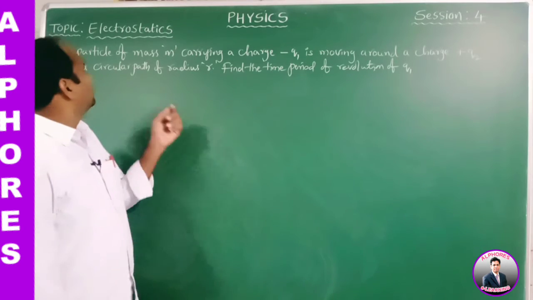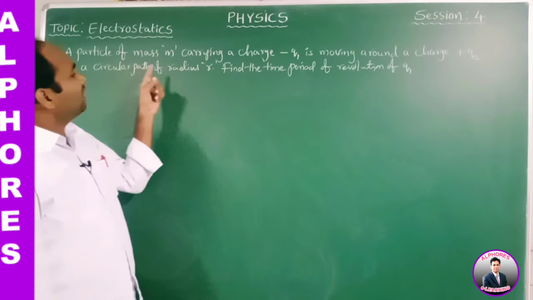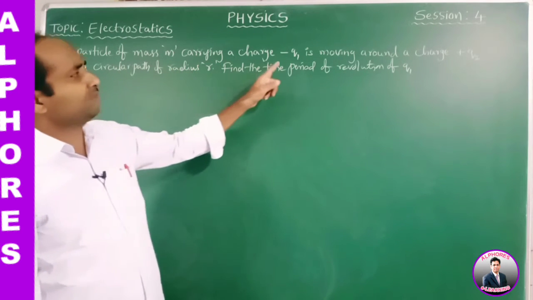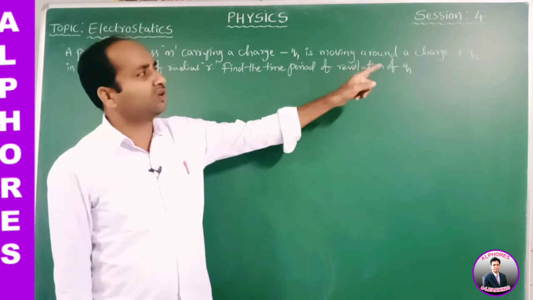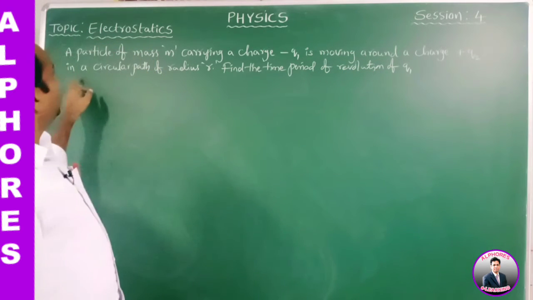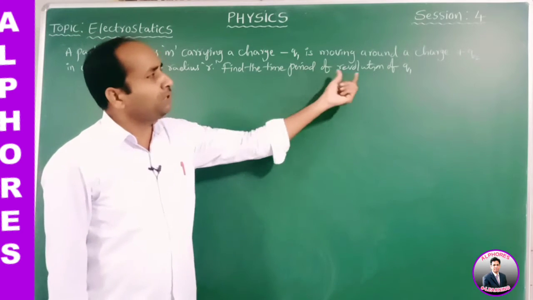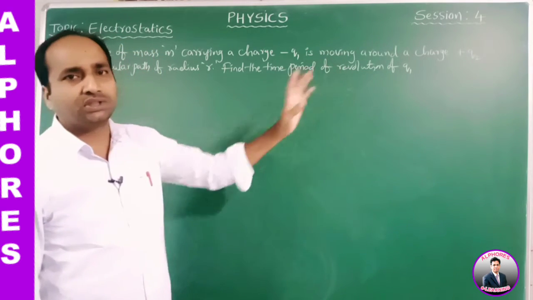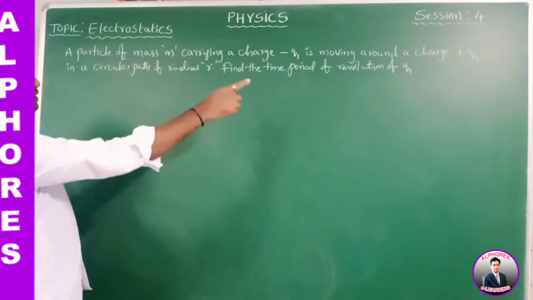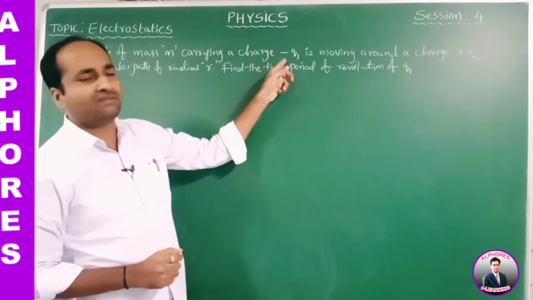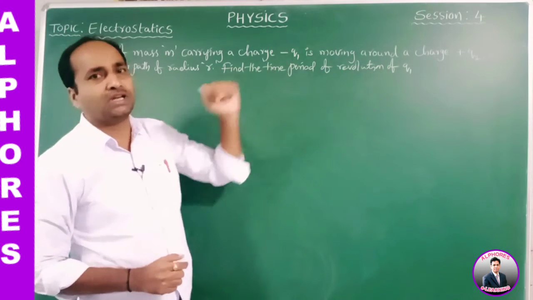See, next one. A particle of mass m carrying a charge minus q1 is moving around a charge plus q2 in a circular path of radius r. Find the time period of revolution of charge q1. Here minus q1 charge is revolving around the charge plus q2.